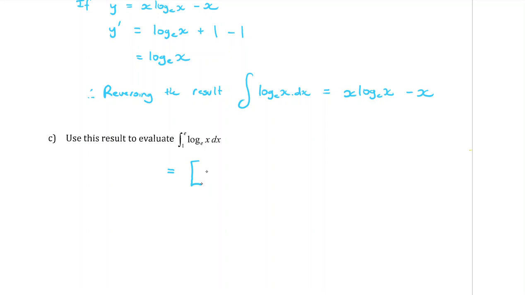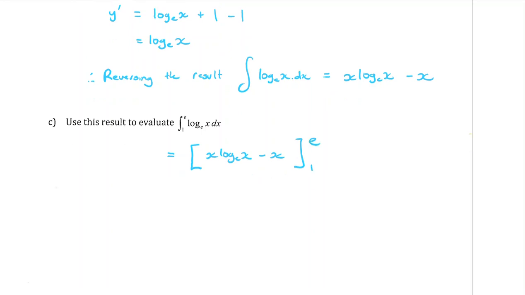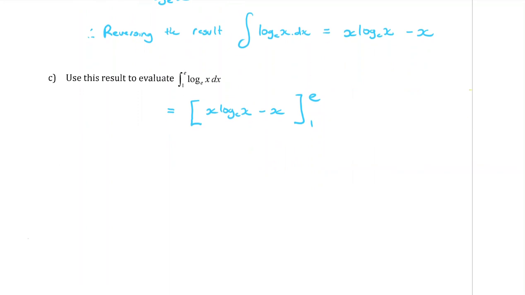So integrating becomes x log e of x minus x between 1 and e because it's a definite integral now. All right, sub in e log e of e minus e. Oh, that's a lot of e's.